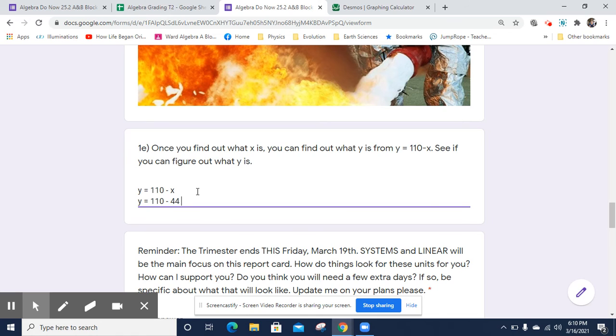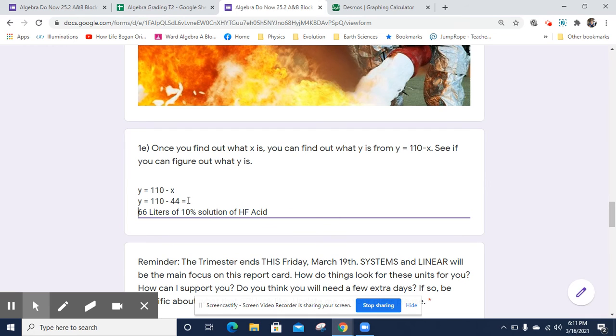And 110 minus 44 is going to be 66 liters of 10% hydrofluoric acid solution. And we got the same answer we got from graphing. So there we have our solution: y equals 66.